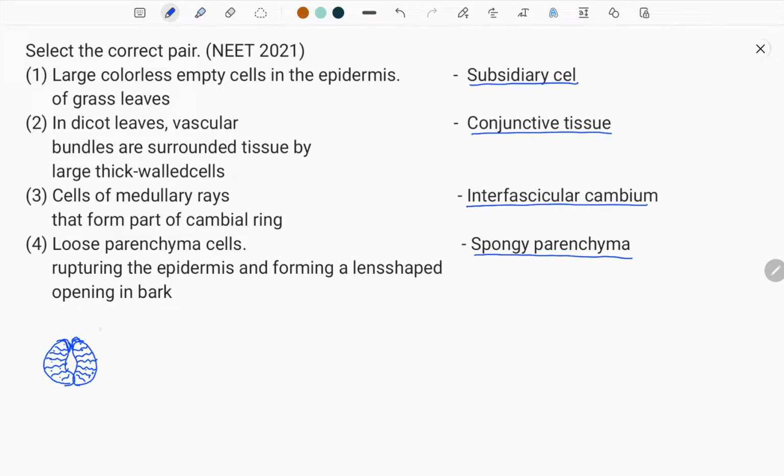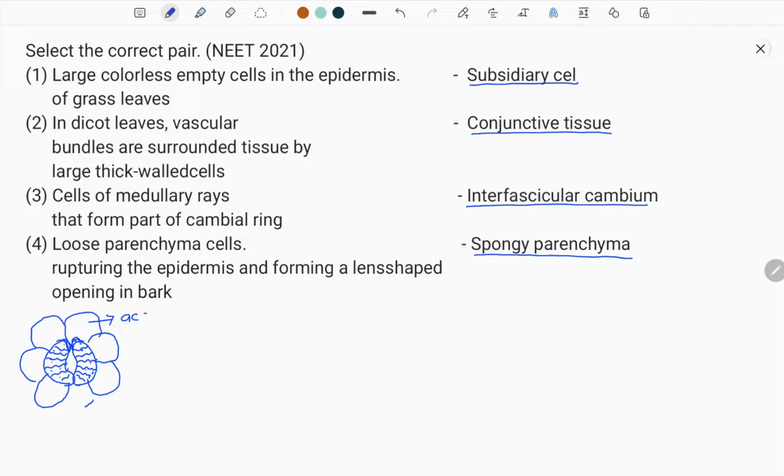And around this we find other modified cells which are called subsidiary cells, or accessory cells.